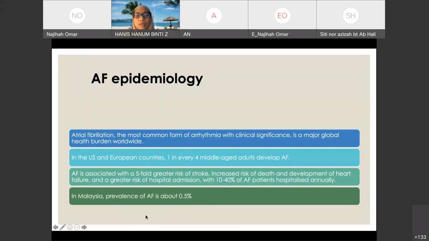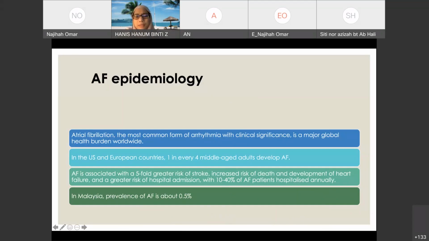And what's scary is that when you have AF, you have 5 times higher risk of getting a stroke. That's what we don't want, because a stroke due to AF is worse than your normal ischemic stroke, and it results in a worse outcome, for example increased risk of death. Patients can get heart failure, and there is a greater risk of hospital admission.